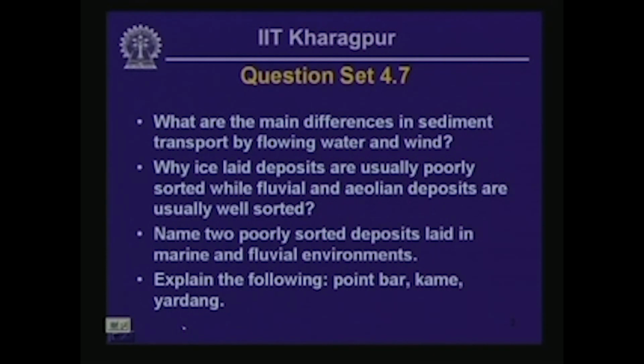Now, the third part of the fourth question involves explanation of the word Yardang. This is also a long drawn out ridge, but in this case the erosional process responsible for development of this type of landform is wind erosion.